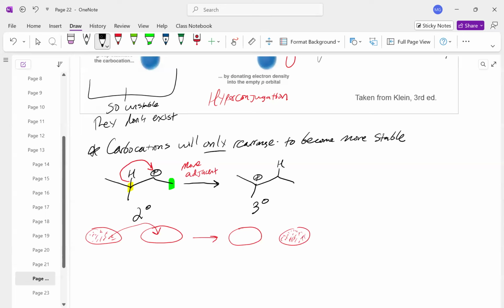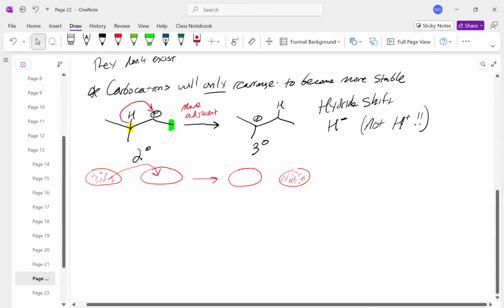The name of this type of movement is called a hydride shift. Hydride is H minus, hydrogen with its electrons. This is not a proton. I'm not doing a proton transfer. I'm moving H minus, a hydrogen with its electrons, from one carbon to an adjacent one.